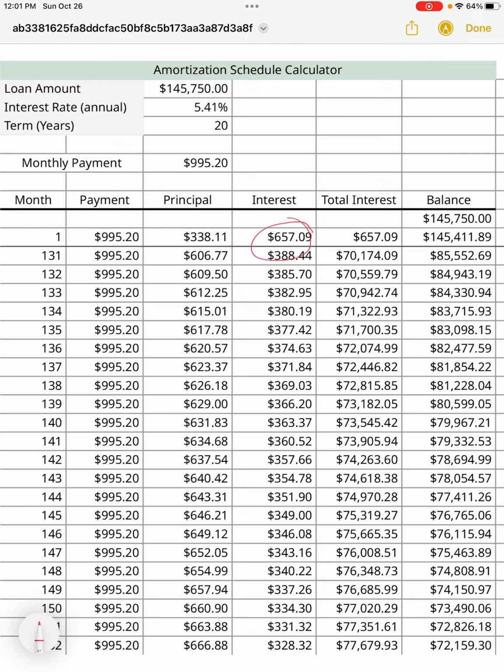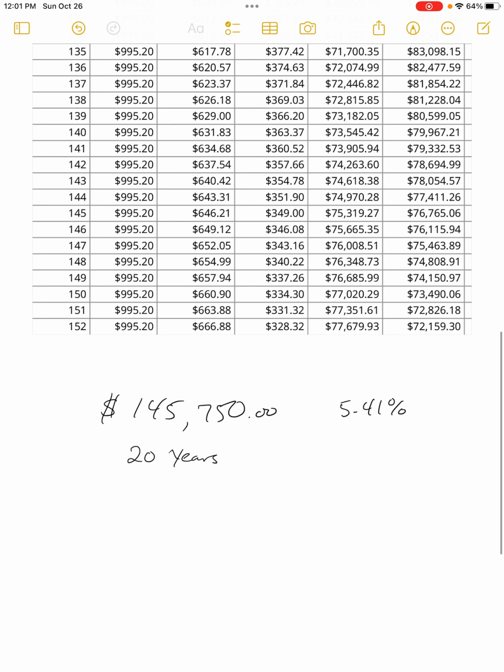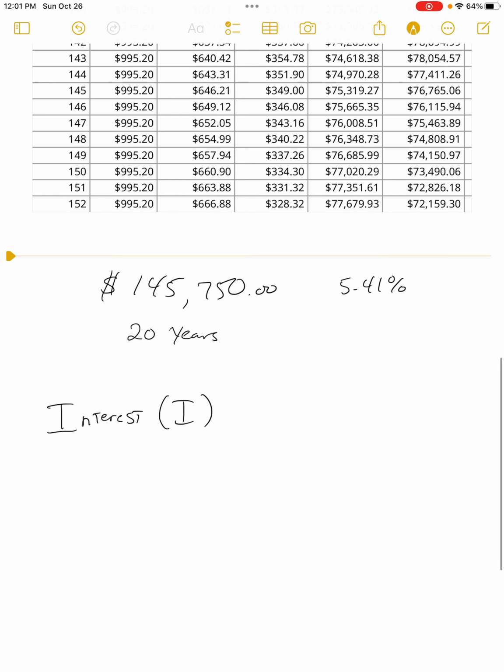Where'd they get that number? Well, let's get that number. If we're going to calculate the interest owed, remember, interest has the variable I. It's very easy. Interest in any given month is equal to the principal that you still have out times the rate divided by 12. Now, why the rate divided by 12?